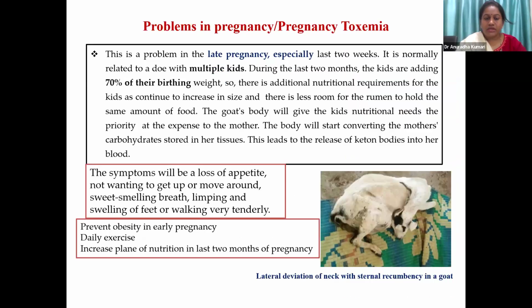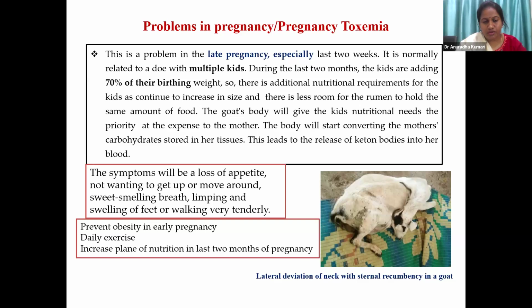One important problem, pregnancy toxemia, occurs in advanced pregnant animals. It is a type of metabolic disease, mainly occurring in the female in the later stage of gestation, and it is mainly found in females having multiple young ones in the uterus. What actually happens that is responsible for pregnancy toxemia?